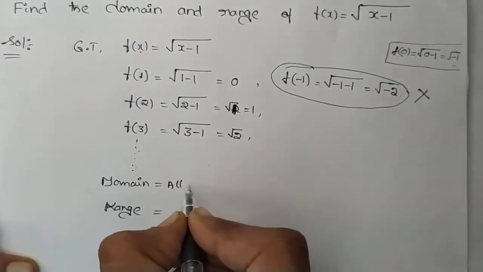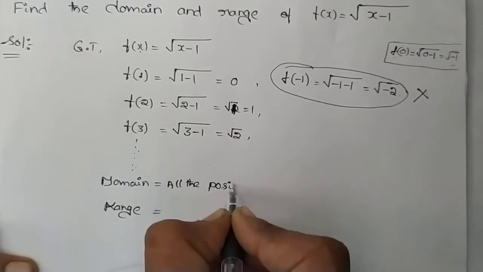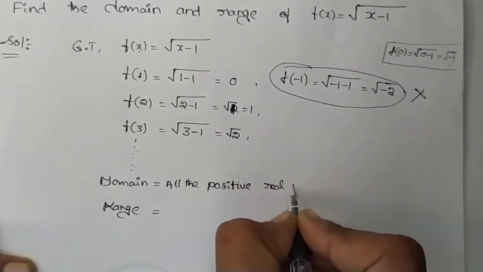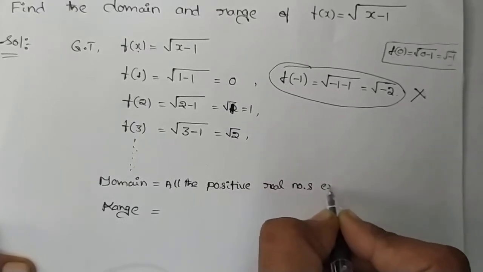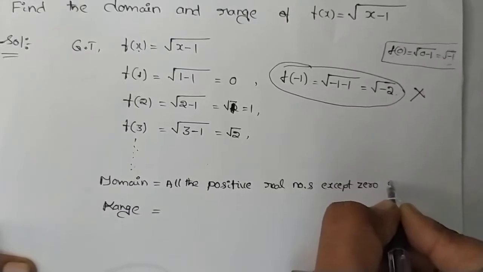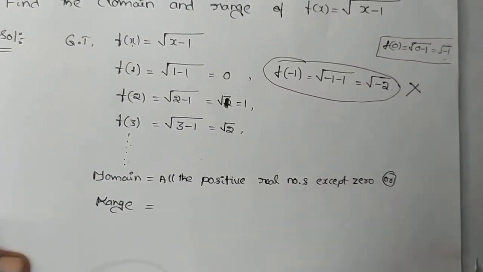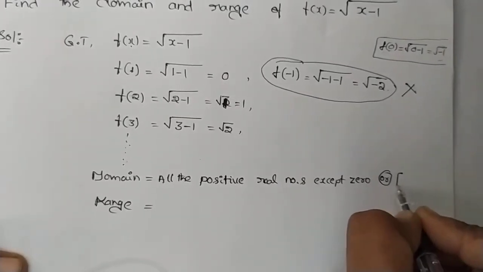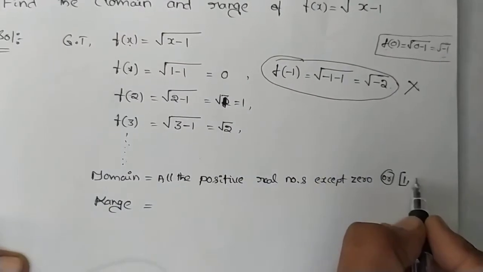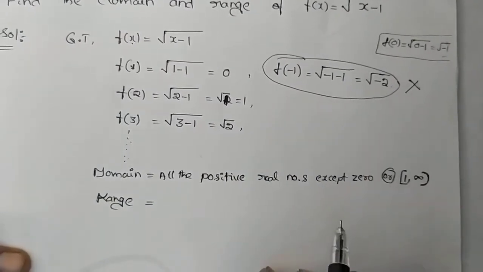Domain will be all the positive real numbers, or symbolically you can represent it as 1 is included up to infinity, infinity is excluded, like this.